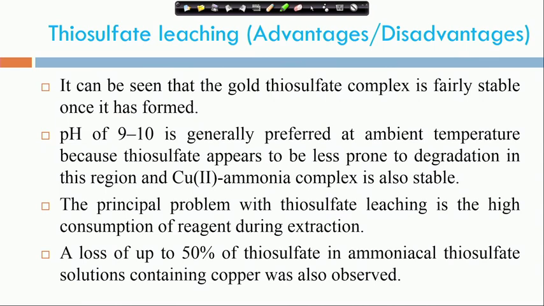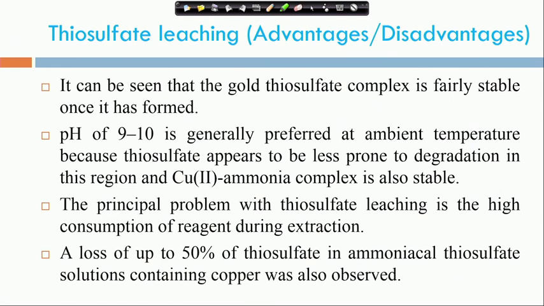In terms of disadvantages, the principal problem is the high consumption of reagent during extraction. You need a lot of thiosulfate, and there is a loss, because it's an ammoniacal thiosulfate solution and copper also has some reactions going on.